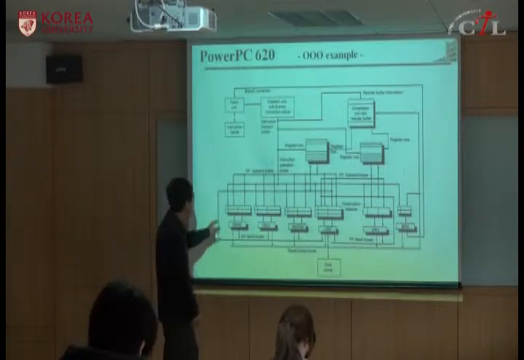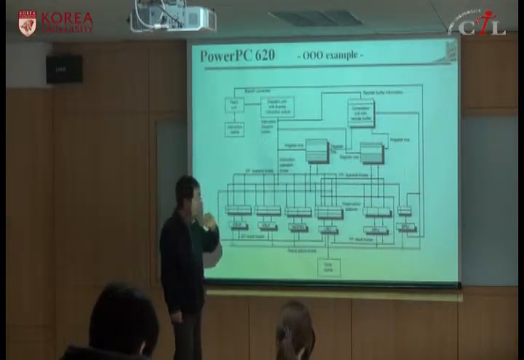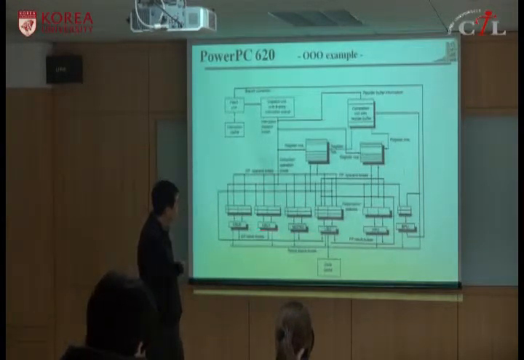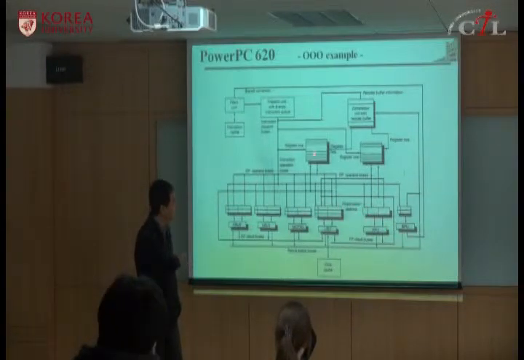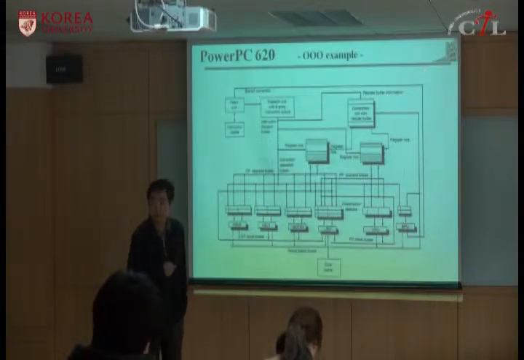Each function has its own reservation station. These are integer units, and this is the floating point unit. Memory deals with both integer and floating point. So if you look at the connection, these are connected to this integer register file, floating point unit and memory are connected to the floating point register file. And memory should be connected to both integer and floating point.